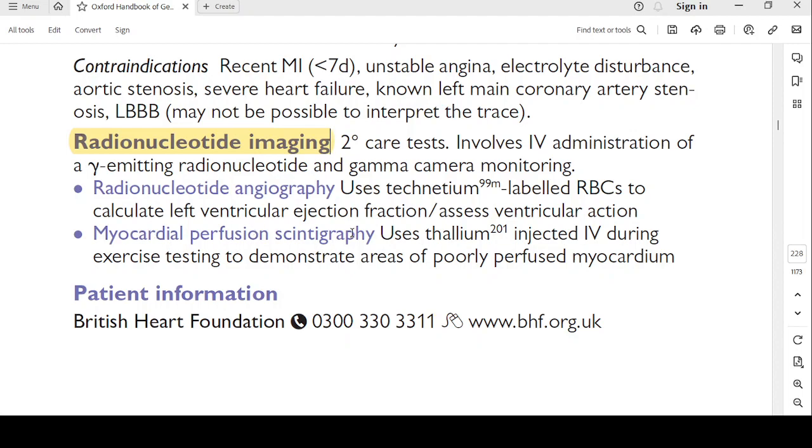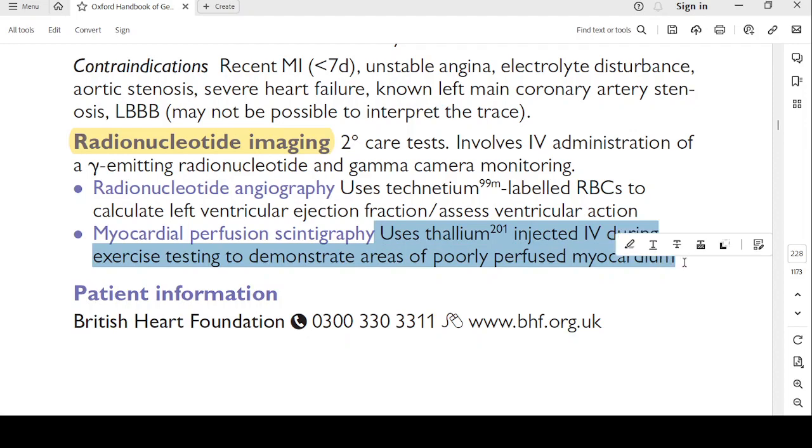Myocardial perfusion scintigraphy uses thallium-201 injected via IV during an exercise testing to demonstrate areas of poorly perfused myocardium. So this is stress thallium test, done during a treadmill test to demonstrate areas of poorly perfused myocardium.